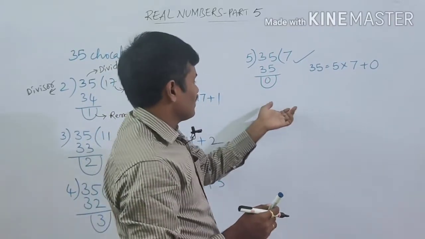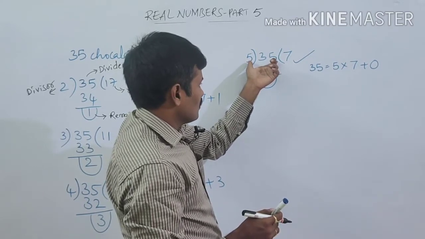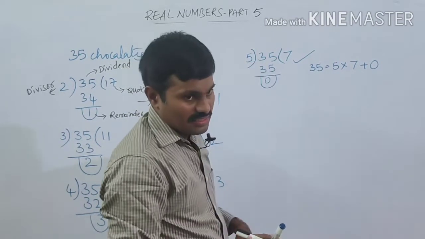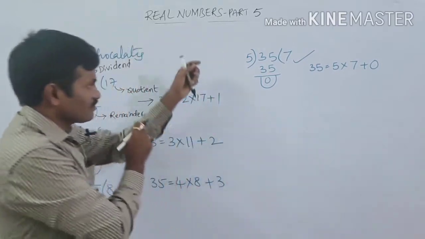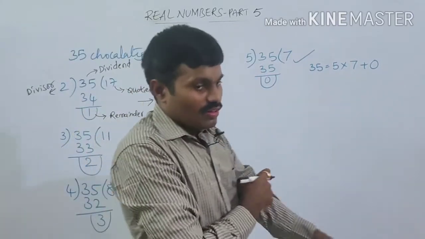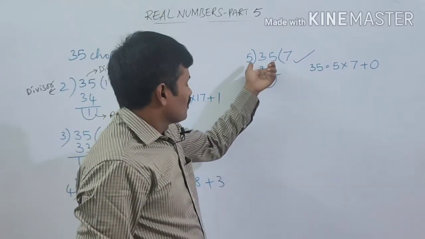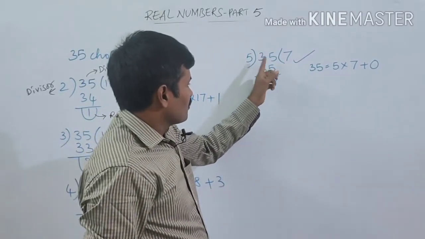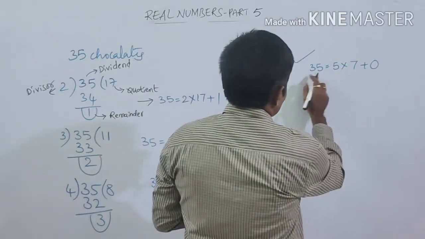We consider 2 positive integers. 35 and 5 are 2 positive integers.